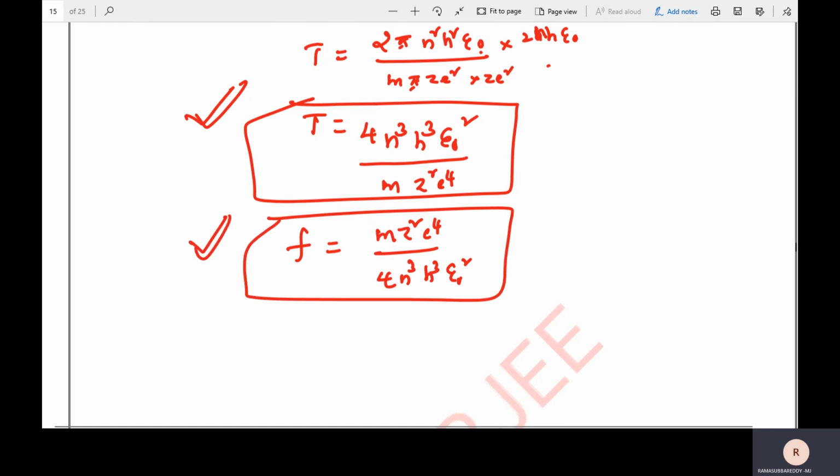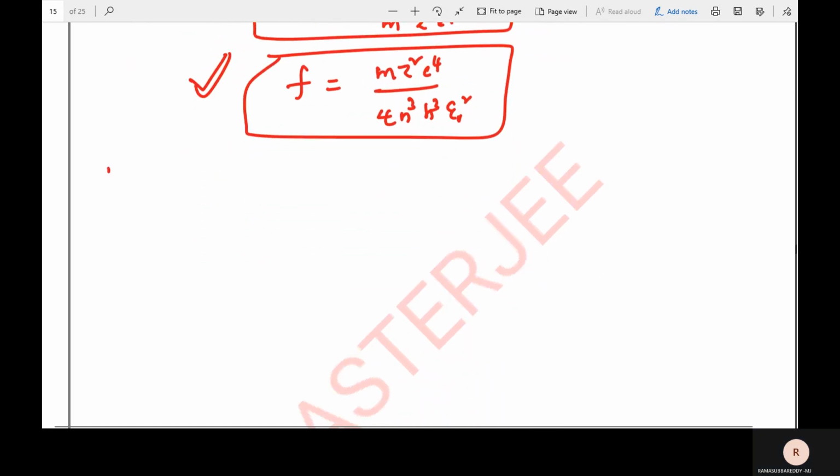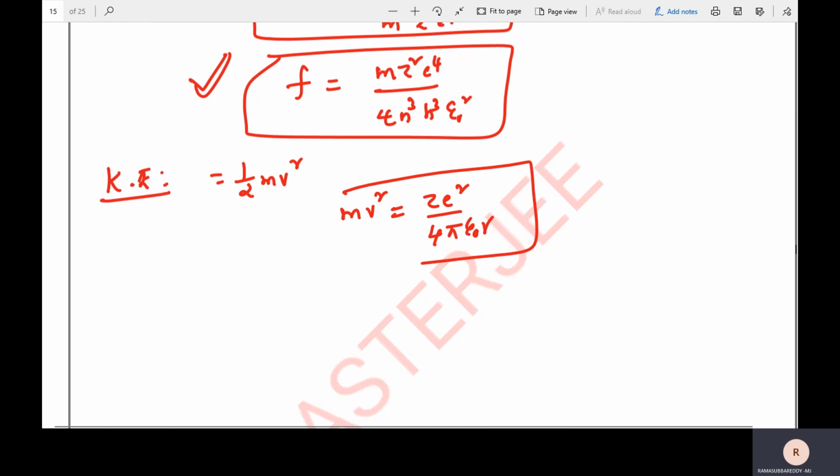Okay, most important these relations. Next we'll find the energy. What are the energies of this Bohr hydrogen? This is also important. First we'll find the kinetic energy, which is half mv square. We discussed earlier that mv square gives Ze square by 4 pi epsilon naught r.